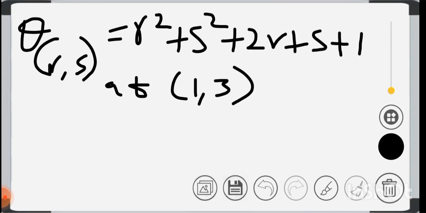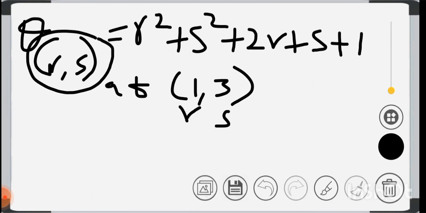If you check what is here, it's called r comma x. Look at it, r comma x. It means that the first thing here is r, the second one is x. That is just the meaning.